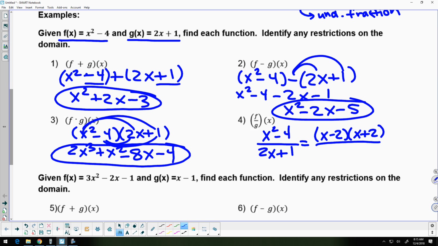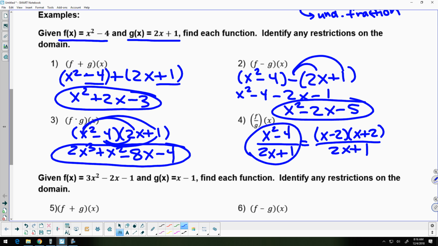But it's not going to really lead us anywhere because nothing's going to cancel, right? Everything's still going to be all intact. I don't have an x minus 2 on top and an x minus 2 in the bottom. So realistically, I can leave my answer just like this. Okay, if you want the factored answer as well, you could circle that one as well. I'm sure your teachers wouldn't mind to see that.